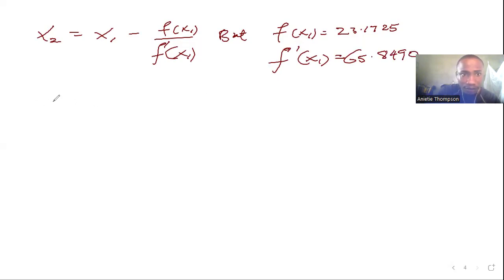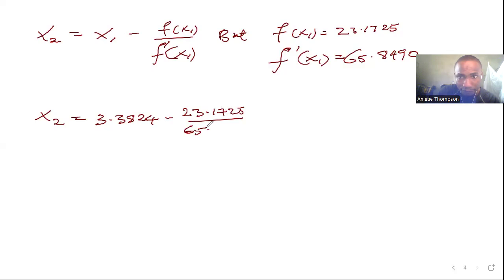Substituting it into the function, you have that x2 will be equal to the x1 value, 3.3824, minus f, that is 23.1725, divided by 65.8490, which approximately equals 3.0305.